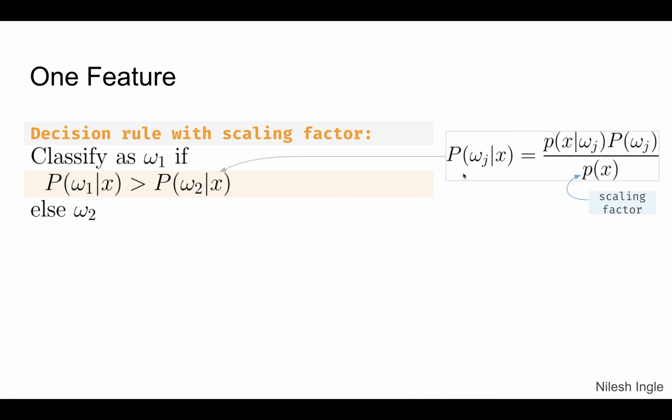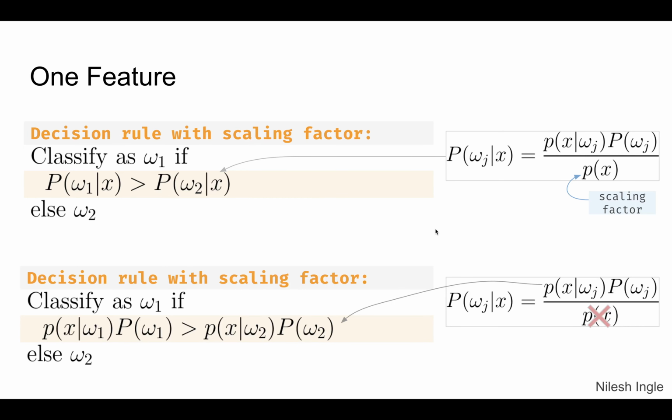And so the posterior probability is a value between 0 and 1, given by this particular formula. Now what if we drop that scaling factor and just use the value that we get from the product in the numerator? That's also usable, so we can use just the numerator to perform a decision. If that value is higher for a class, say W1, we classify the sample as belonging to class W1.